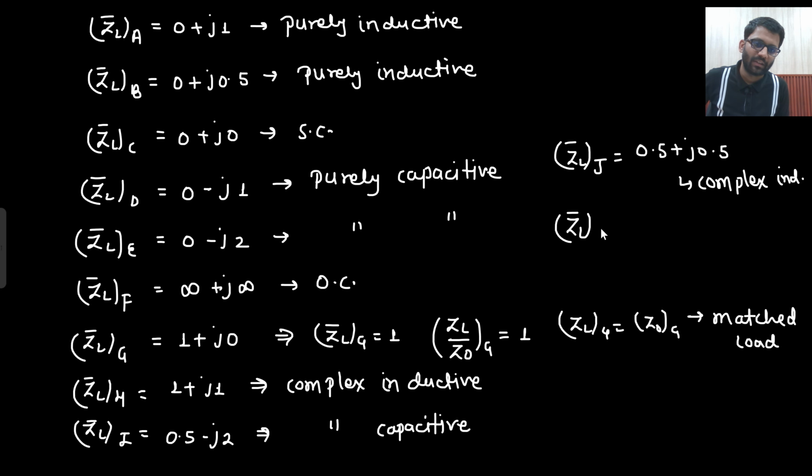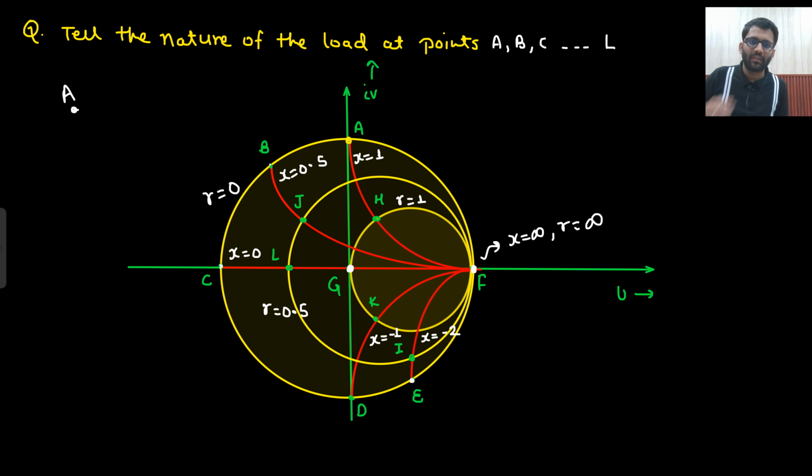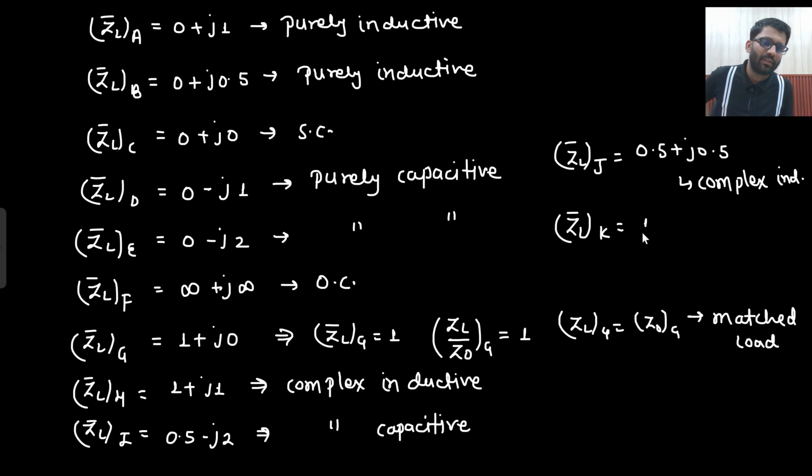E, F, G, H, I, J, K. K is the last one. No, L is the last one. Where is L? Oh, here is L. So what about K? X equals -1 and R equals 1. So this is your complex but capacitive.